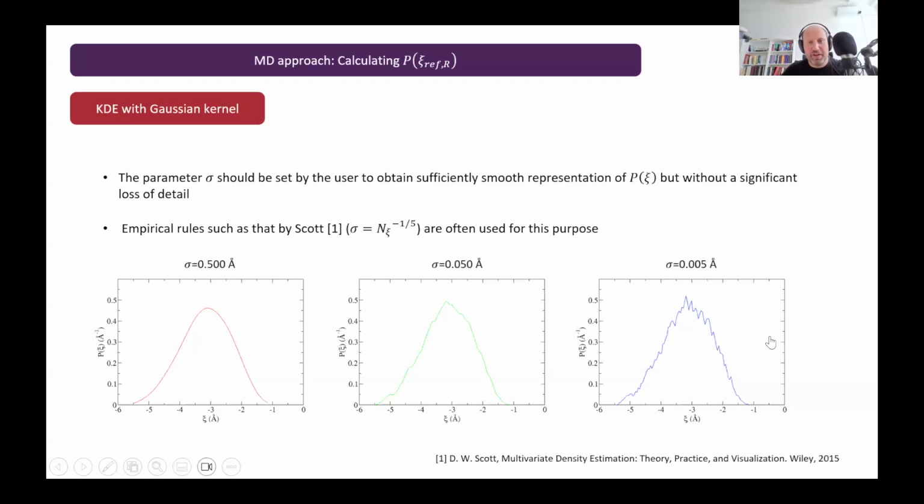Smoothing is not sufficient. Optimally, it should look like that. To find the optimal value is usually not very difficult, but as a good starting point, you can use some empirical rules available in the literature, for instance, that by Scott.